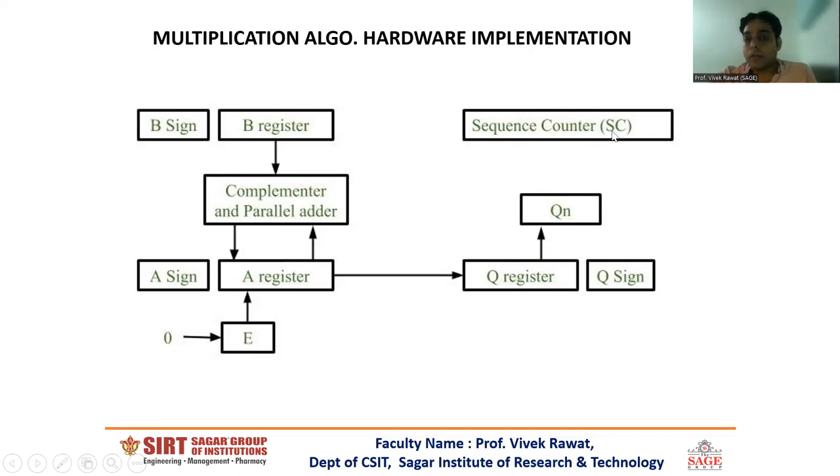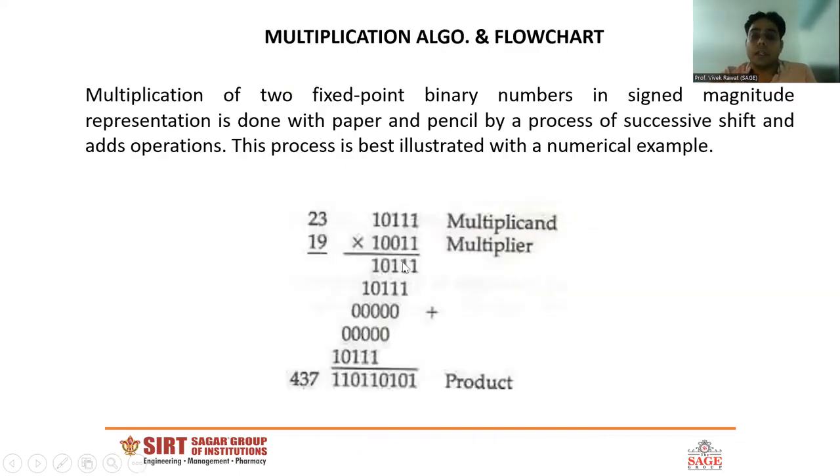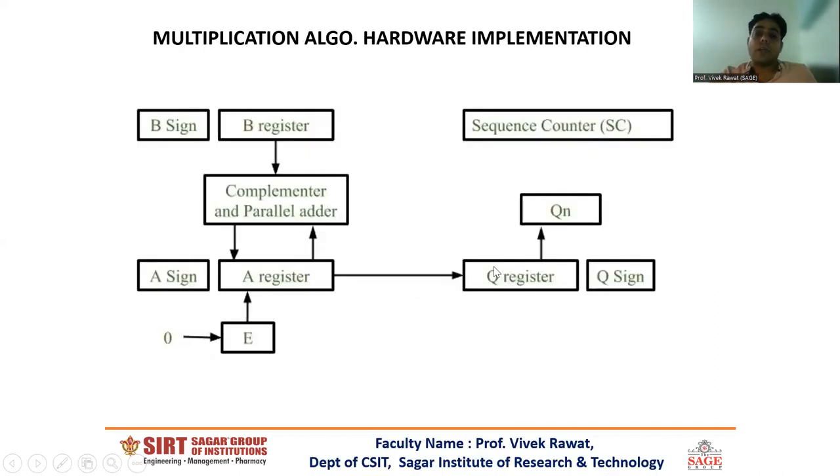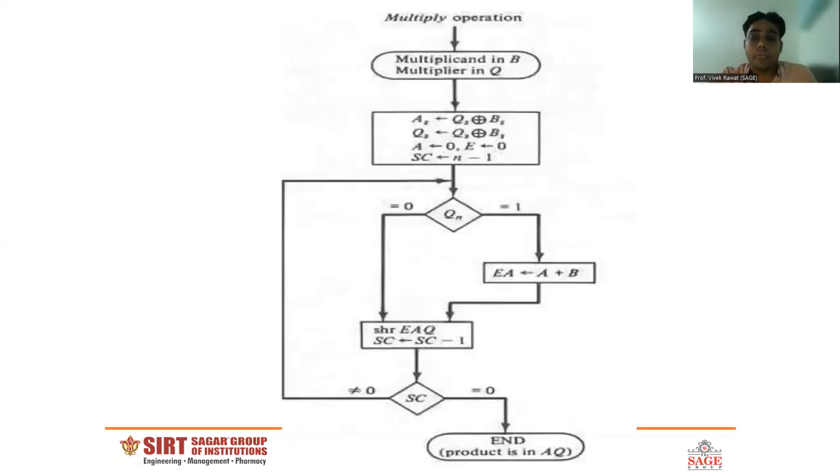And sequence counter means here, this 1 multiplies the whole number, this 1 multiplies the whole number, this 0 multiplies the whole number, this 0. So this is the sequence 1, 2, 3, 4, 5. Here the sequence counter number is 5, so this sequence will be done 5 times. In total this multiplication process repeats 5 times.